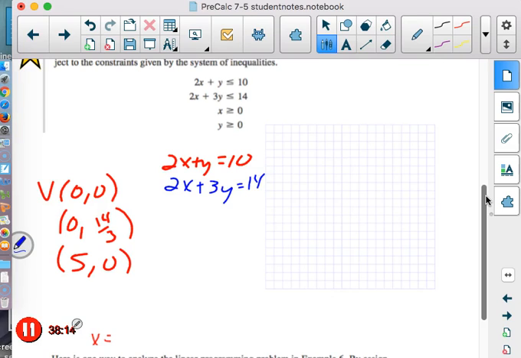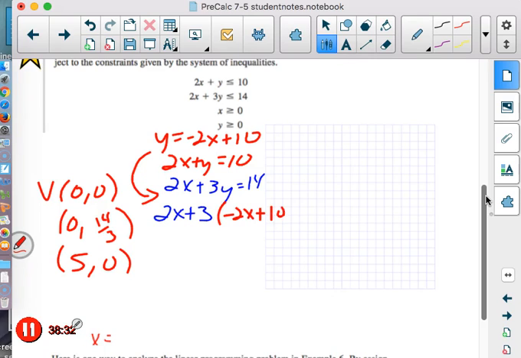I think I want to do substitution. I'm going to solve for y in my red equation here, and then substitute that into the blue. That's going to get me my x value, and then I'll be able to substitute back in.